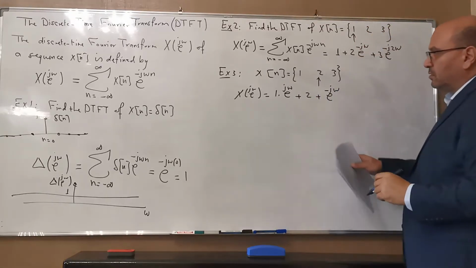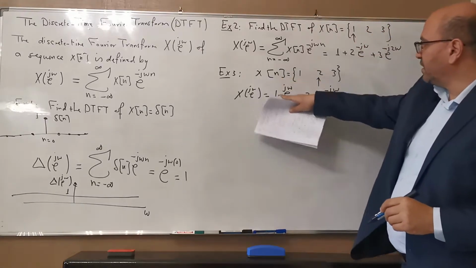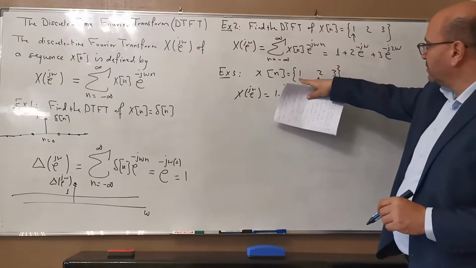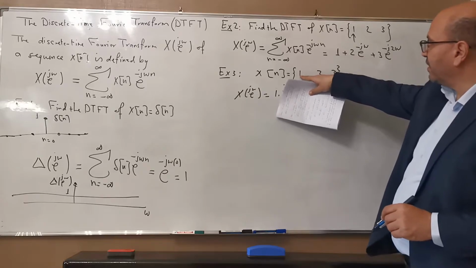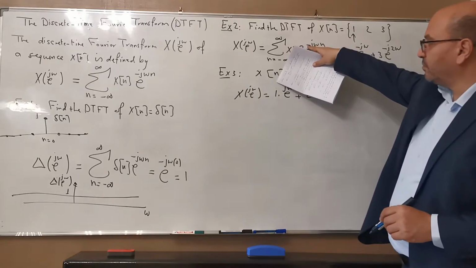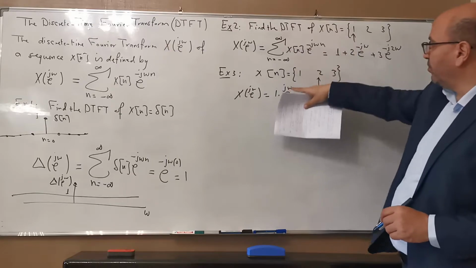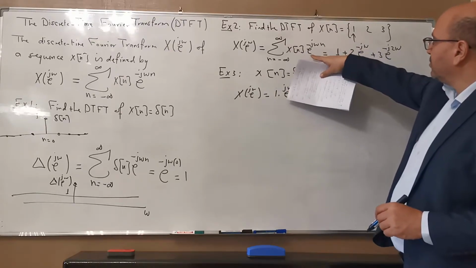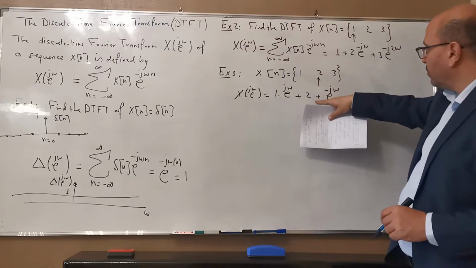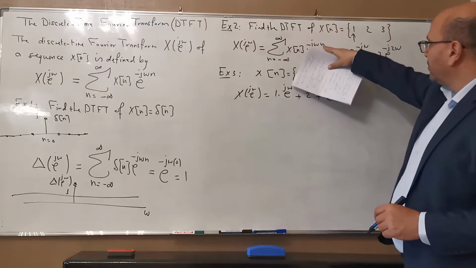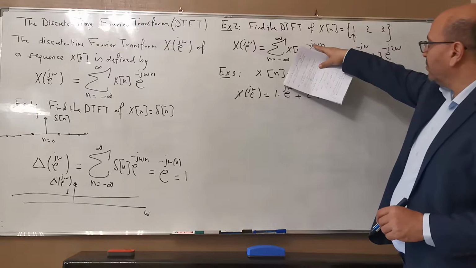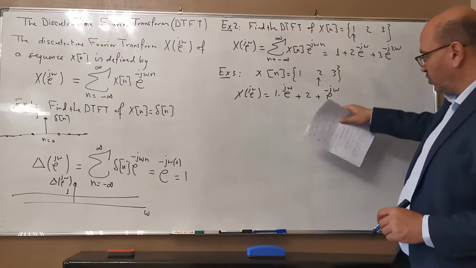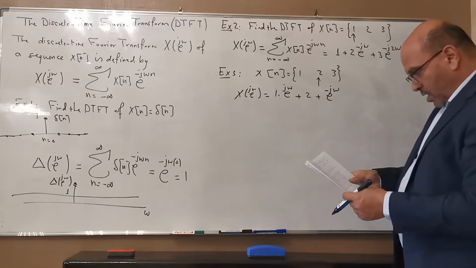So this is your x of e j omega for this x, when the 0 is shifted. So this is a negative index, you put here minus 1 multiplied by minus, so e to the j omega, positive. This is the index n equals 0, so e to the j0 is 1. And this index is positive, so n equals 1, so it is e to the minus j omega times 1, which is equal to e to the minus j omega. Okay.